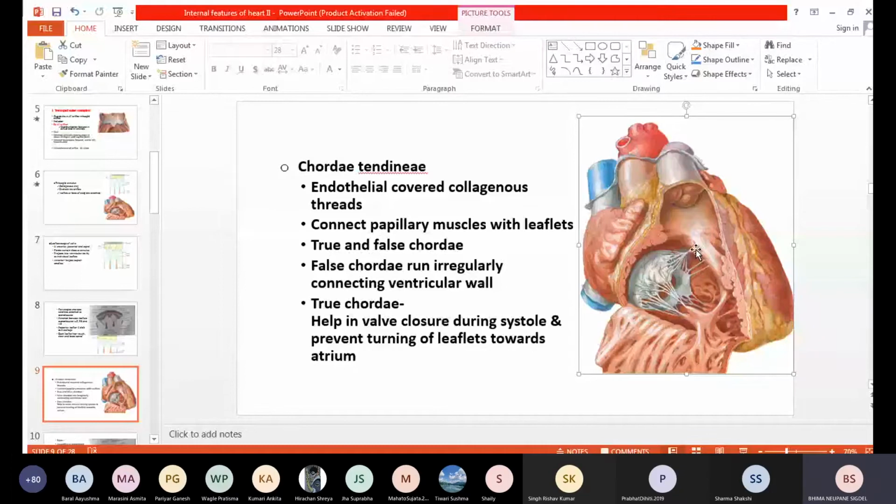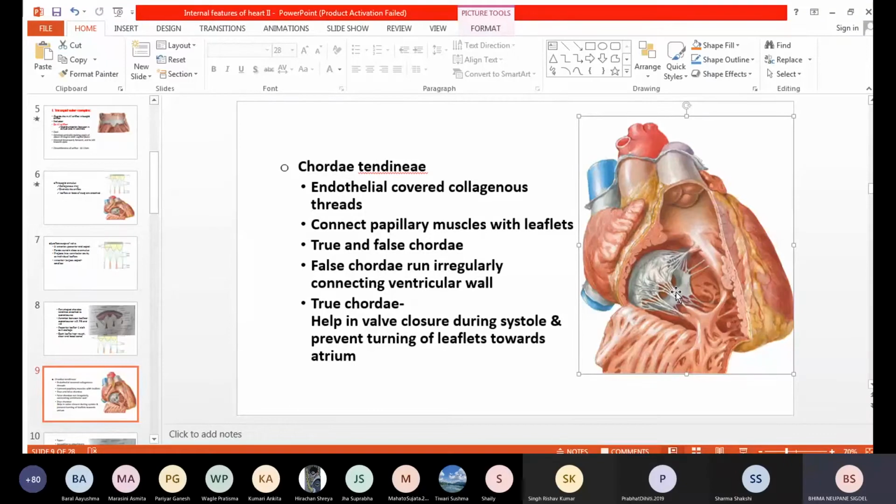So they connect to the ventricular surface of the valve. The true chordae tendineae connect the apical third of the papillary muscles to the free margin and the ventricular surface of the tricuspid valve complex.